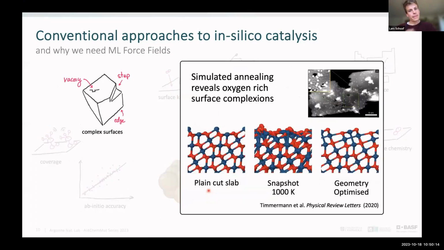So talking about the fact that the surface is actually very different from this idealized surface, there's a very cool paper published by the Karsten Reuter group at the FHI in Berlin, where they looked at just an iridium oxide surface. They did some simulated annealing, where you heat up the surface and then cool it down and geometry optimize.